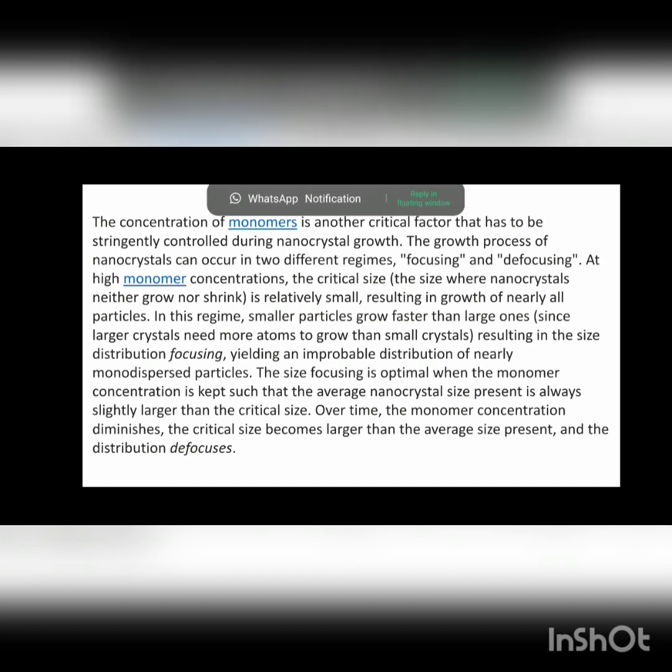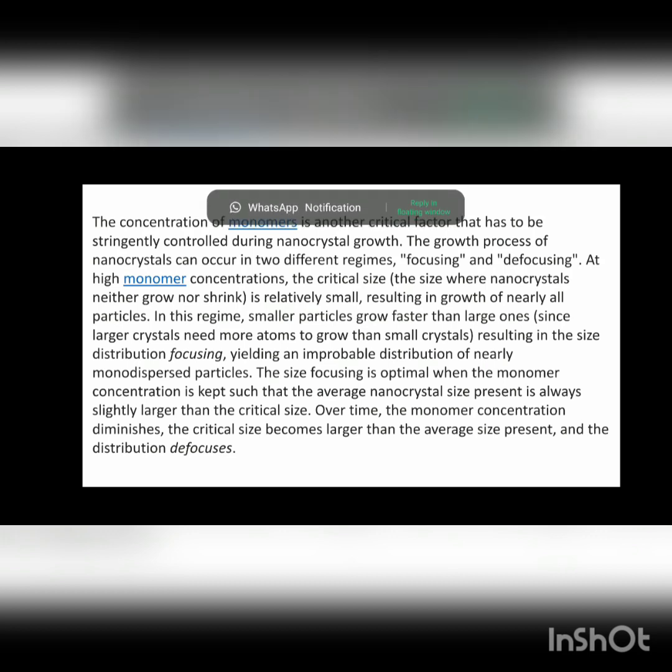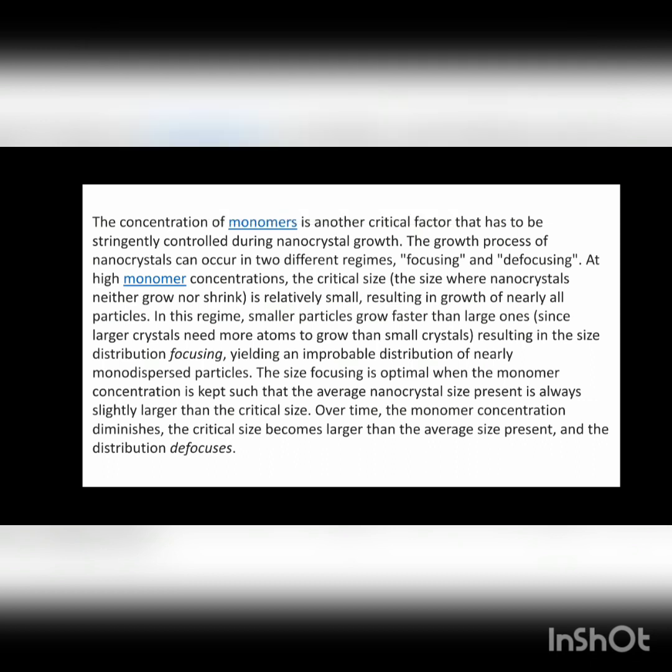The size focusing is optimal when the monomer concentration is kept such that the average nanocrystal size present is always slightly larger than the critical size. Over time, monomer concentration diminishes, the critical size becomes larger than the average size present, and the distribution defocuses.